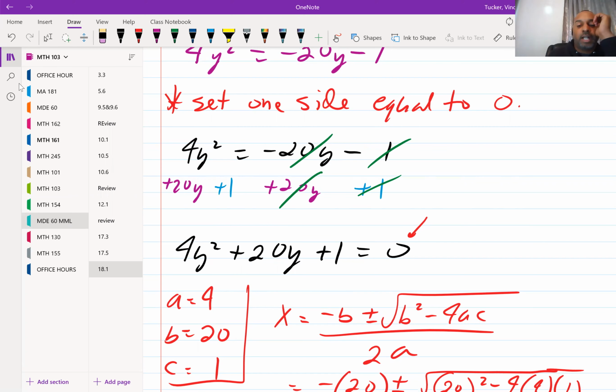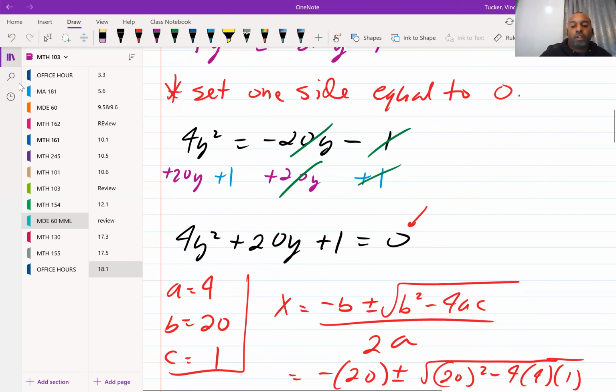And then C is your constant, which is not connected to any variable at all. Questions? Everybody good?